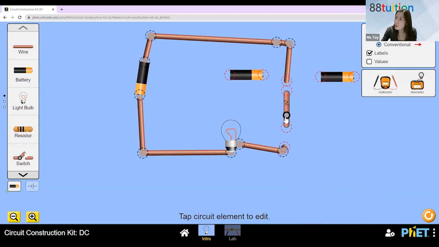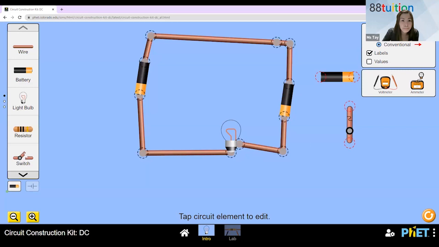So I will remove the switch here and then I'll put the battery in the direction stated. Can you see what happened here? Did the bulb light up? It didn't, because again, it canceled out. Can you see this part here? The negative terminal is connected to the negative terminal of the other battery. Can you see it now? So they cancel out also, right?